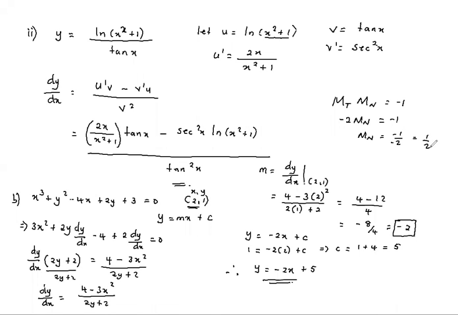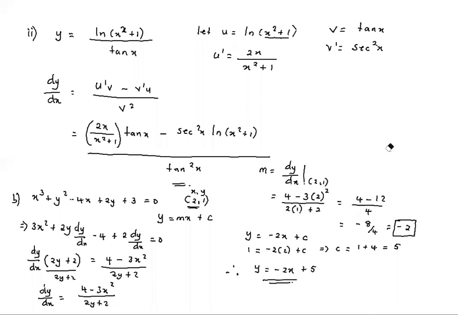If we were asked to find the equation of the normal. But now we've been asked to find the equation of the tangent. So, yeah, we are done on this part. Next question.